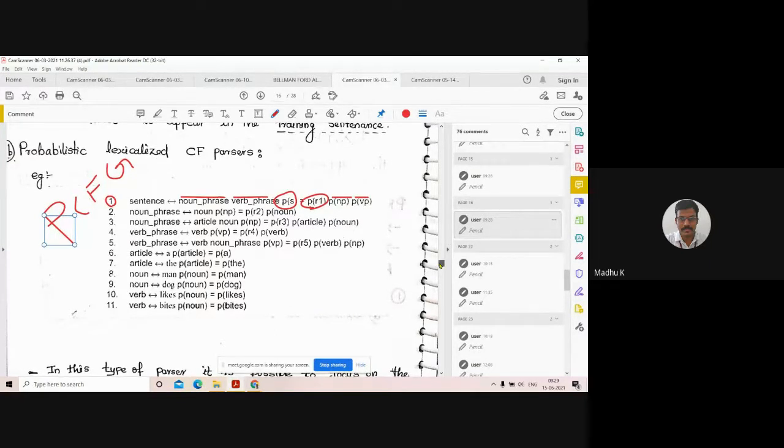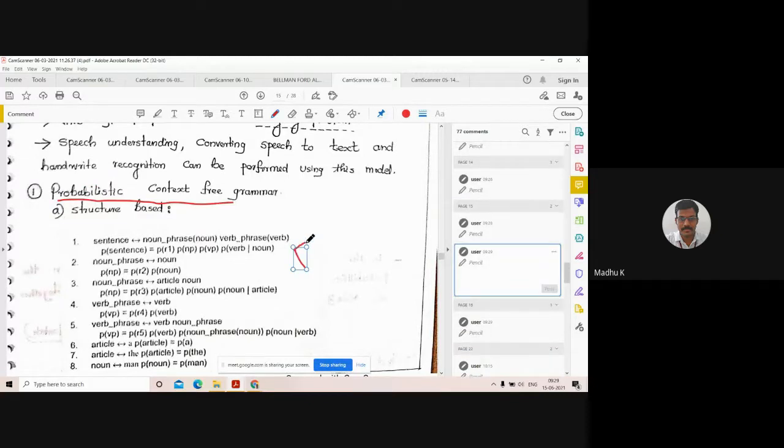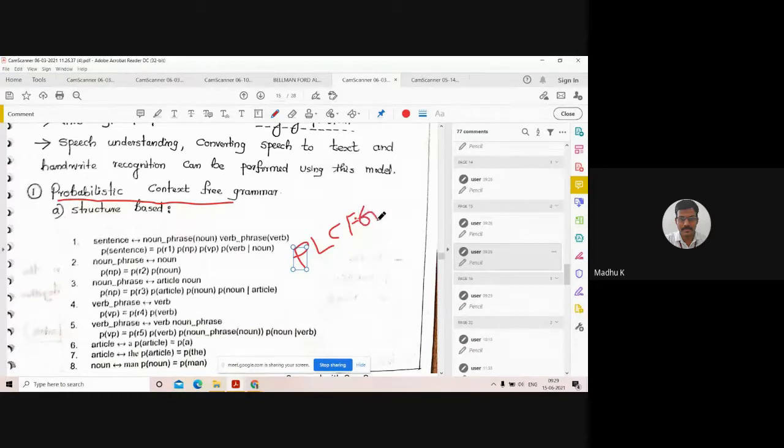And next is probabilistic lexicalized context-free grammar. Please note, this is a probabilistic lexicalized context-free grammar example. In a similar procedure, but in addition, an additional term comes here.